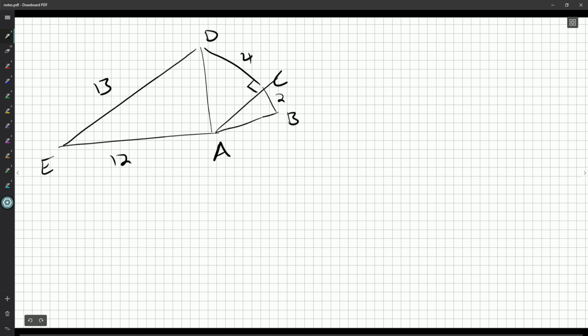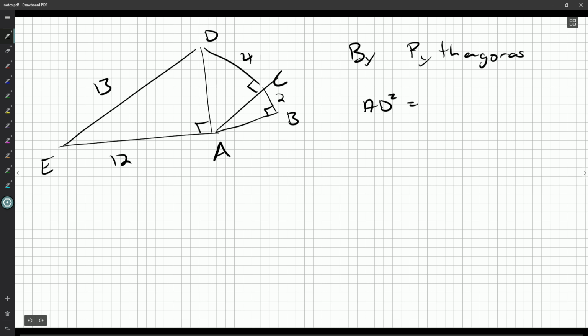Now I do want to write things up nice. So we might say by Pythagoras, I know AD squared is, and if we really want to, you can just write 13 squared minus 12 squared. Everyone's going to know where those are coming from.